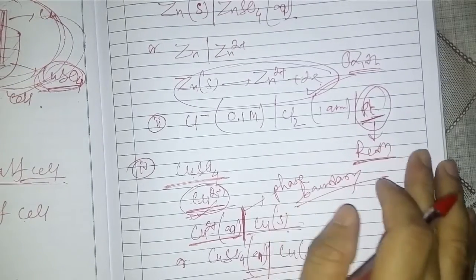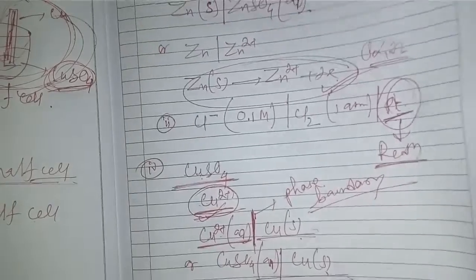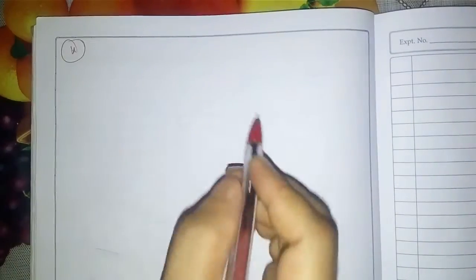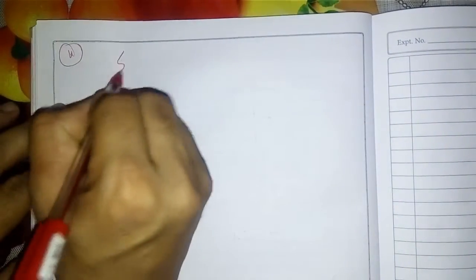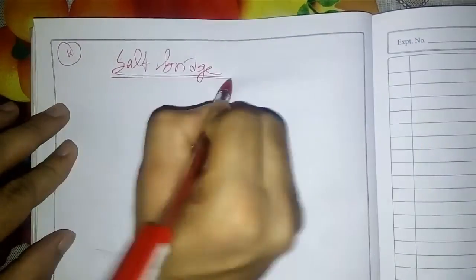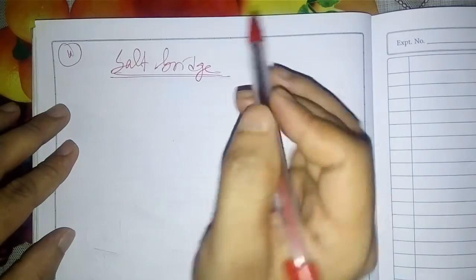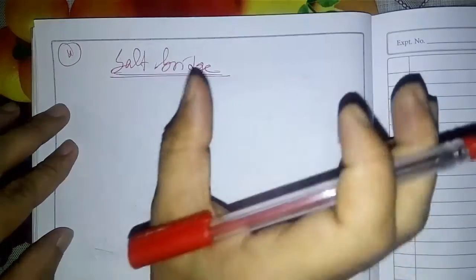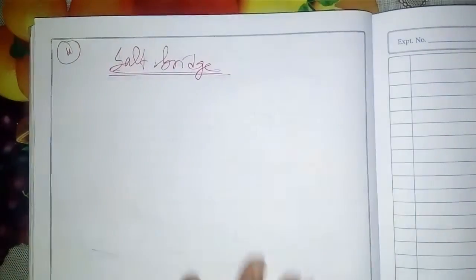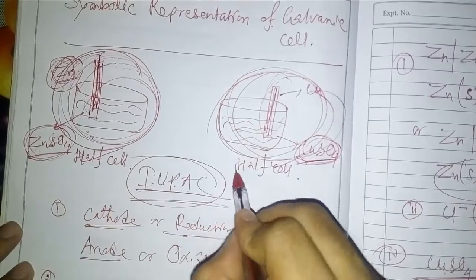Next, point number 5, about the salt bridge. If a salt bridge is used for establishing contact between the solutions of two half cells, you can see here this is one half cell and this is another half cell.